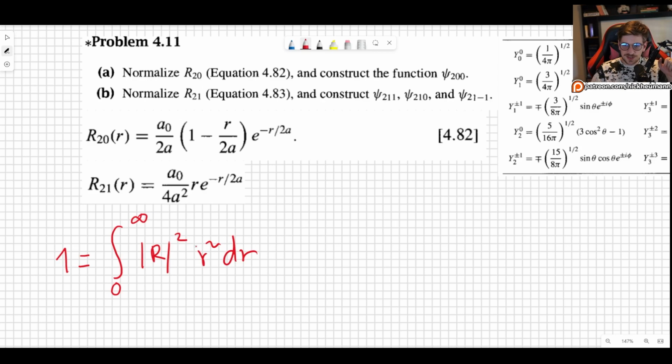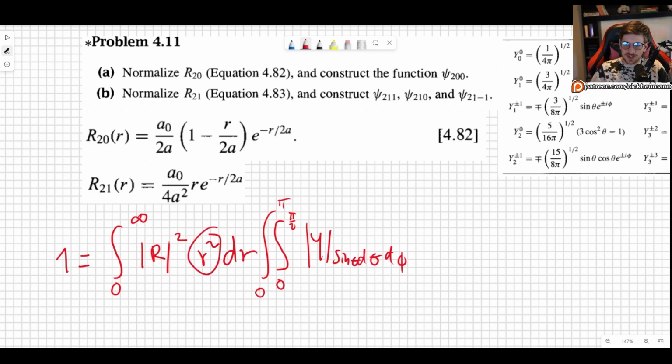In principle, this would be multiplied also by the spherical harmonics, which also have to be normalized, but they go not from 0 to infinity, but from 0 to pi over 2 and 0 to pi, depending on whether you are in theta or phi, and you have to multiply by sine.